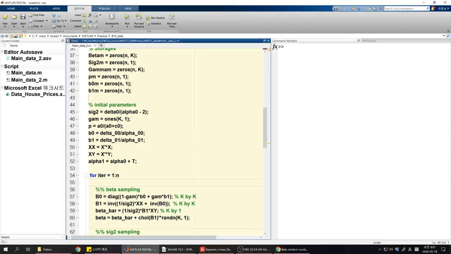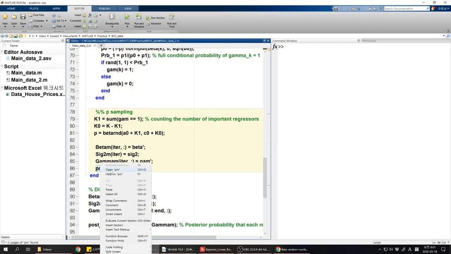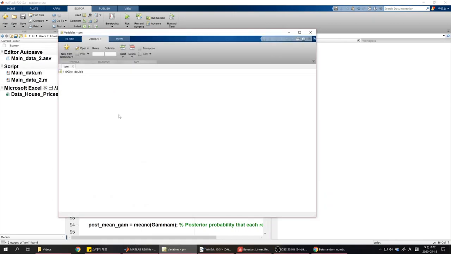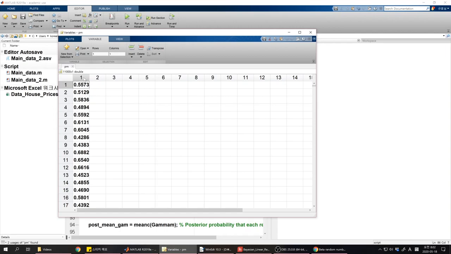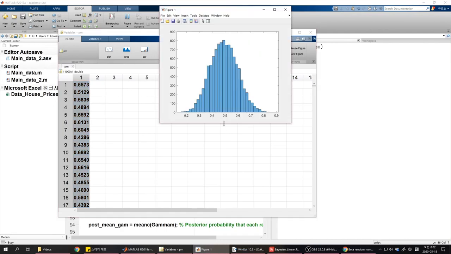Let's take a look at the posterior draws of P, with a plot and a histogram.